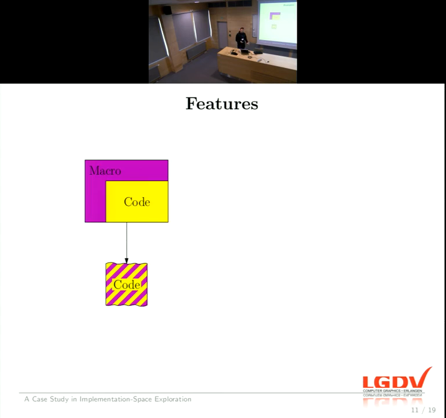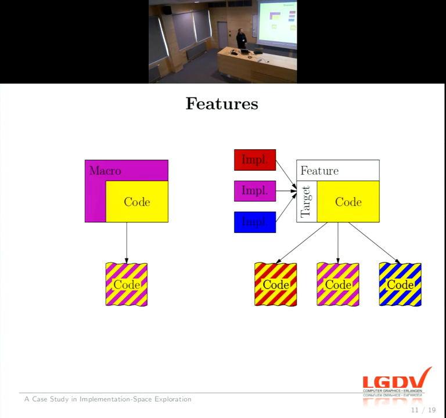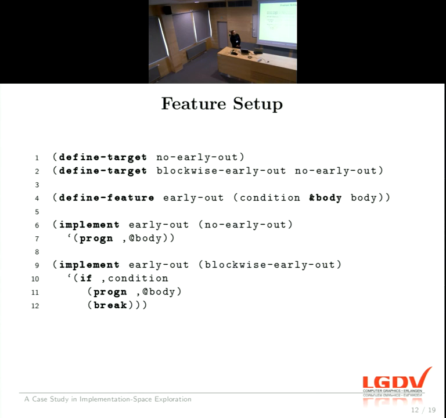So we use our feature system. Features are like macros, but they have an additional feature: for one feature, we can implement different implementations depending on the targets. And then we get different result codes. That's the way we set up our features.